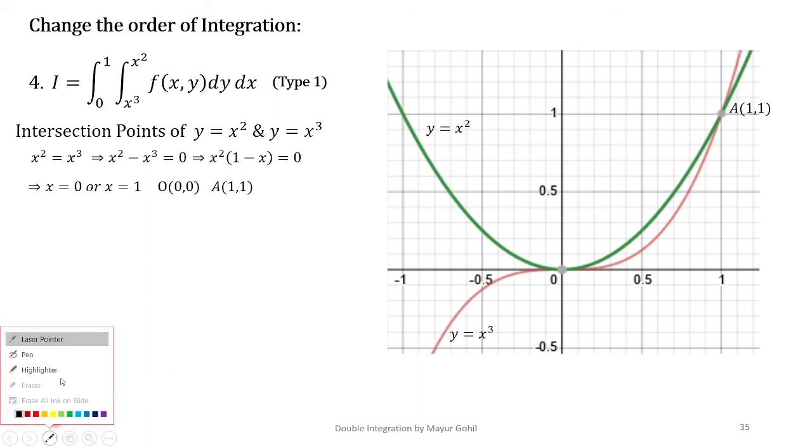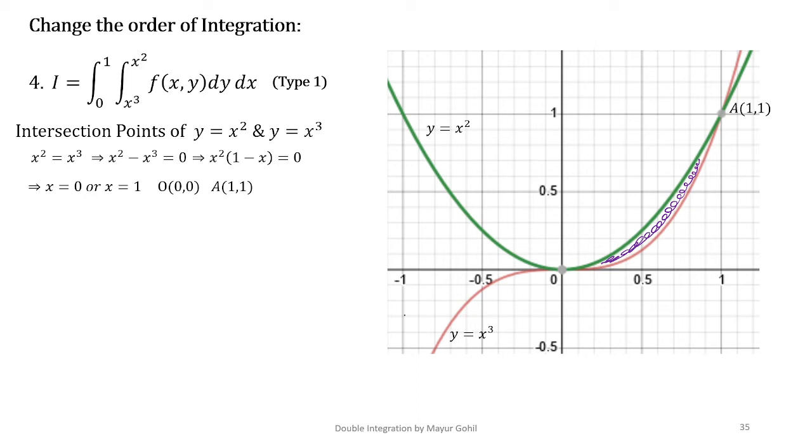So my region over here is obviously going to be this one. This thin blade of leaf kind of region which you can see is the region that we are going to get.